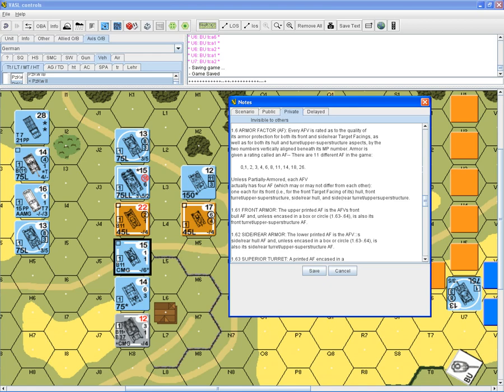Armor is given a rating called armor factor, and there are 11 different armor factors in the game. So these numbers that are inside circles or squares, or possibly by themselves along the right hand side, represent how much armor they have.